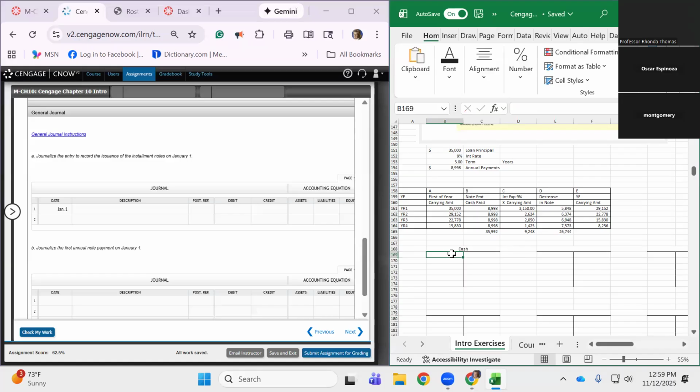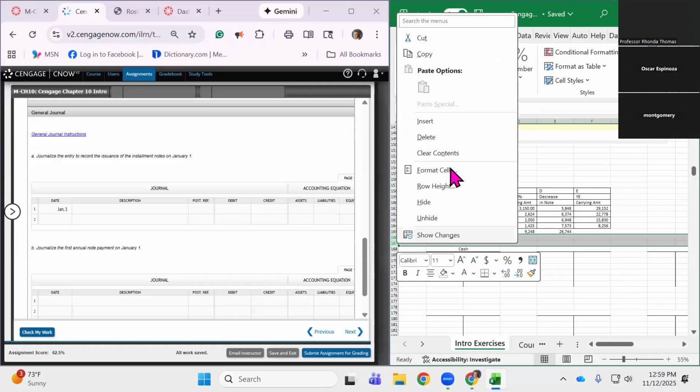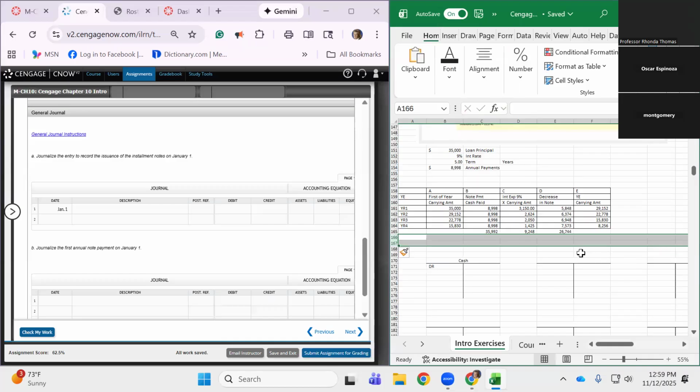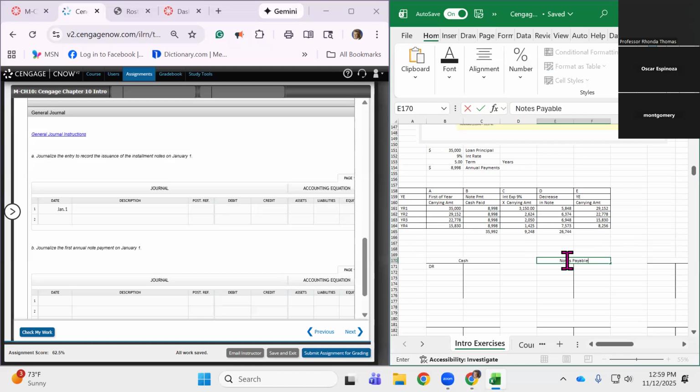Here's one thing I'm going to do. With this notes payable, I always like to put information above that tells me what the terms are. This is going to be a credit. So this is going to be $35,000 in cash, and it's going to go into a notes payable.